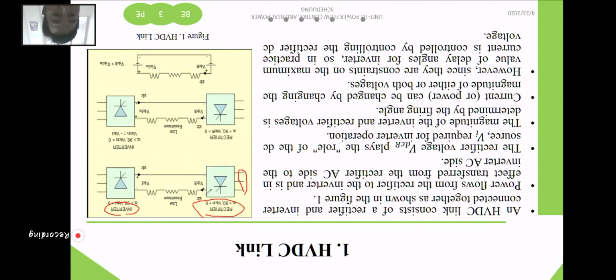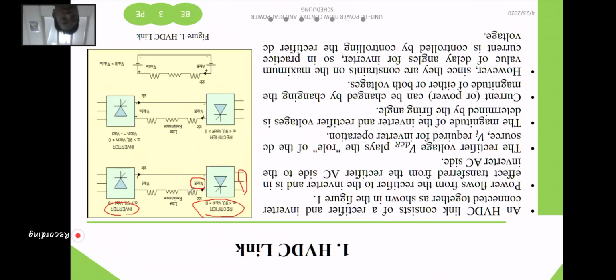As soon as generation is there, the AC generation, you rectify to DC, and then power will be transferred from the rectifier AC side to the inverter AC side. Let's assume you might have done this in analog and digital electronics.